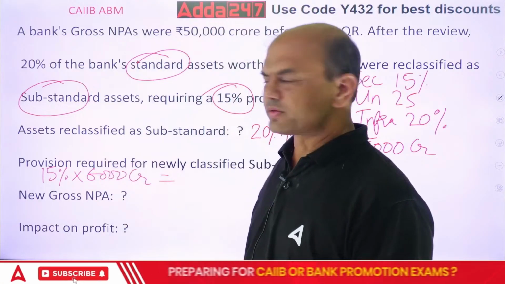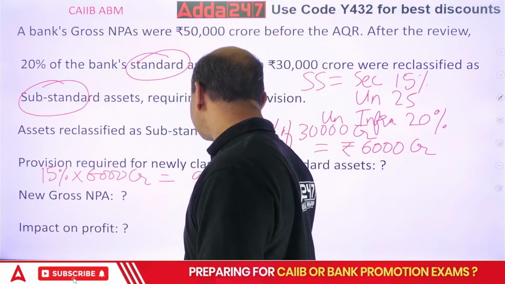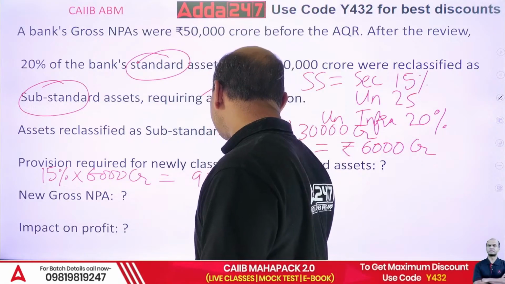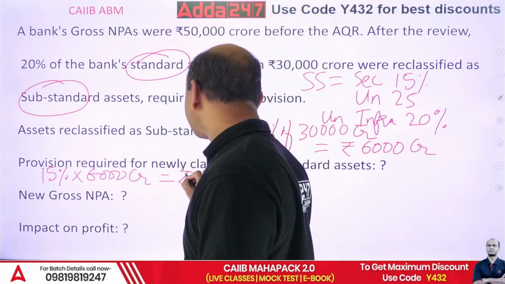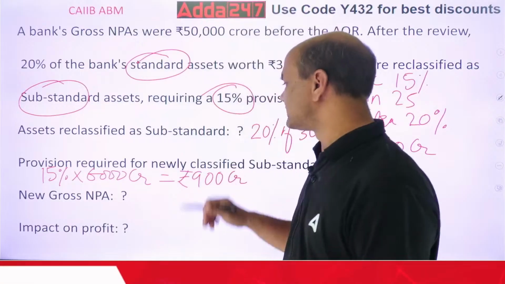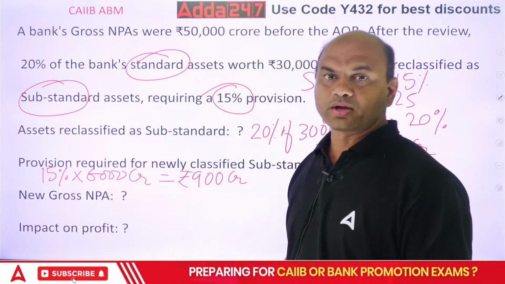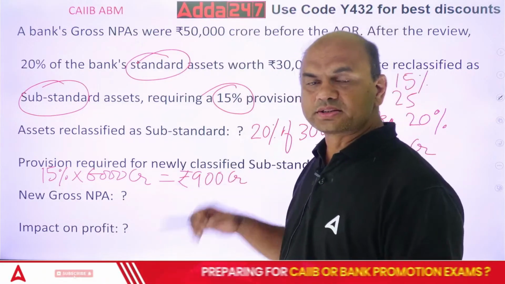So 900 CR. This much is the provision required. New provision required for the new assets.